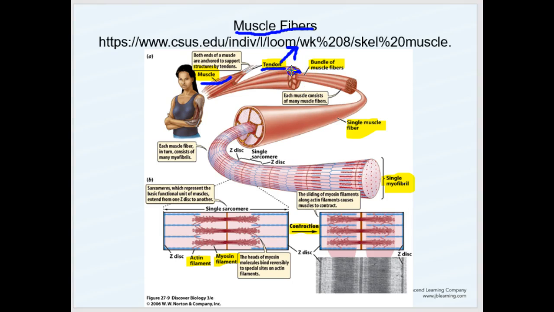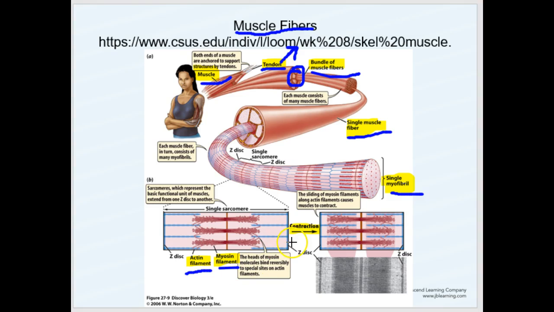If we look at just the muscle itself, here's a bunch of muscle fibers. If we look at a single muscle fiber, known as a myofibril, it's made up of actin and myosin. Actin is known as thin, myosin is known as thick. And once again, there's a ton more. I just want you to know these basics.